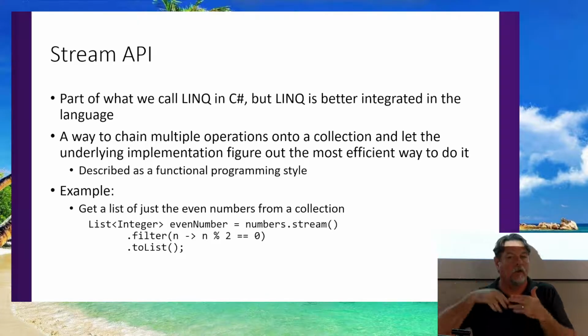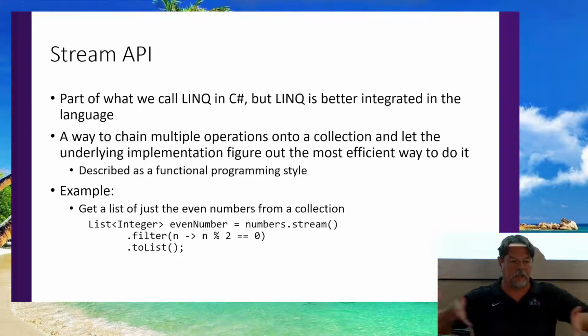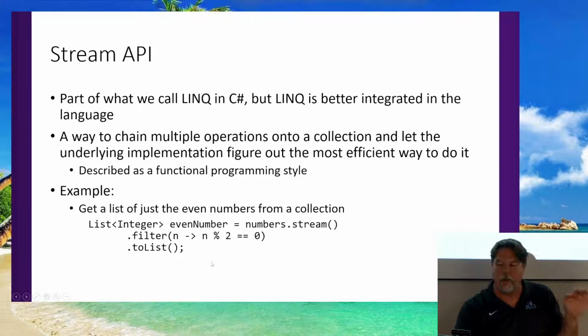Then while you're streaming them, filter out any of them that don't meet this criteria. And then once you've done that, produce a list of what's left over at the end and return that. And that's what gets returned and is in even numbers. But the cool thing about it, the reason why they call it a Stream API, is when you execute this line of code, mostly nothing happens.